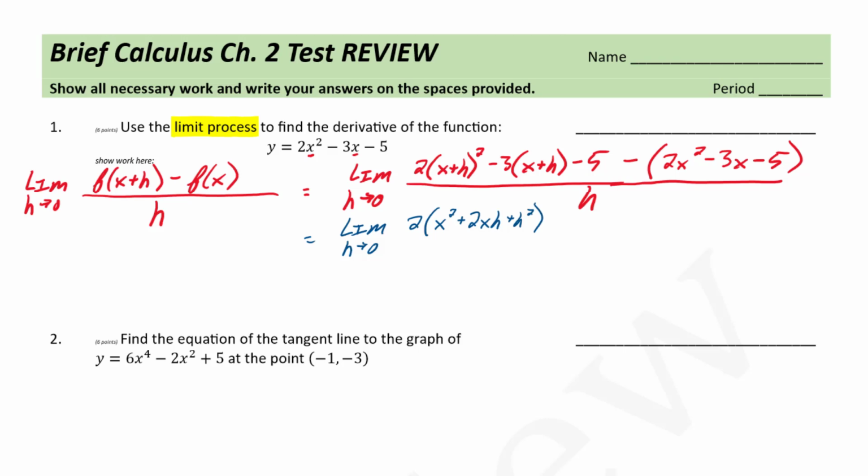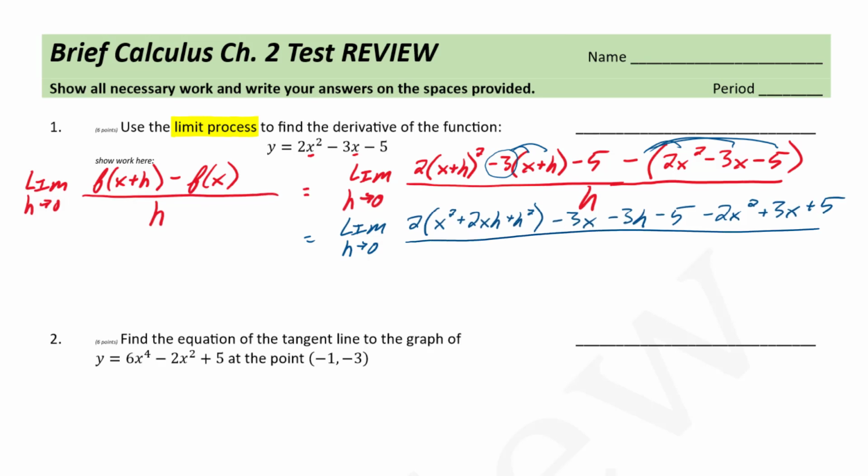The next one, distributing the negative 3 through both of those, I'd get a negative 3x and a negative 3h. Then minus 5, and distribute this negative through all 3 of those terms. I get a negative 2x squared, a positive 3x, and a positive 5.